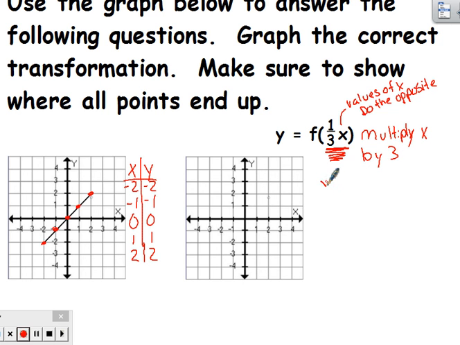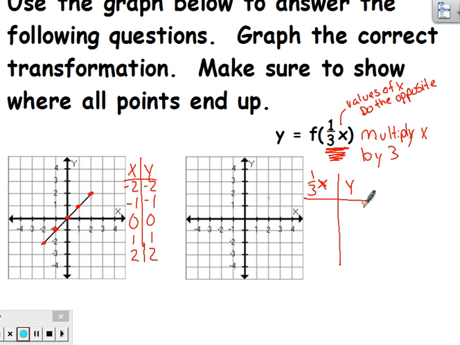So I'm going to leave a little room. I'm going to do my 1/3 x transformation right here. And the y values do not change. And so over here I have 1/3 x.